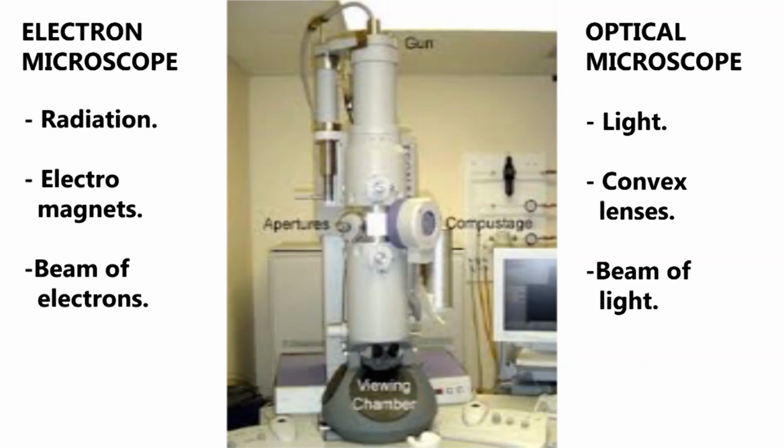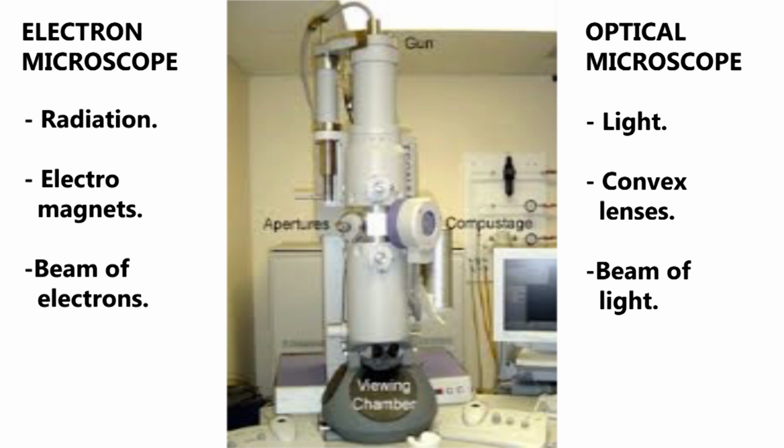Good. Now let us discuss comparing electron microscopes and optical microscopes. So electron microscopes, all right, use radiation instead of light. Optical microscopes use light. Electron microscopes use radiation, and they use electromagnets as lenses.